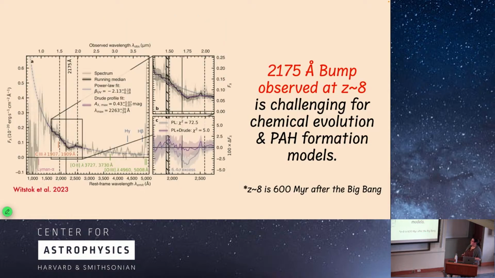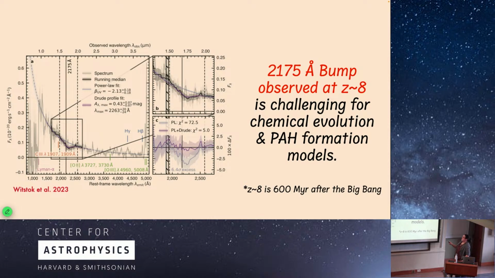In fact, now that this has been observed out to a redshift of about 8 with JWST observations, there are some uncomfortable questions about how you actually make carbonaceous dust 600 million years after the Big Bang. This is generally too quick for what people have often argued is the AGB route for forming carbonaceous dust. So this is an interesting puzzle that is starting to be addressed in high redshift galaxies.